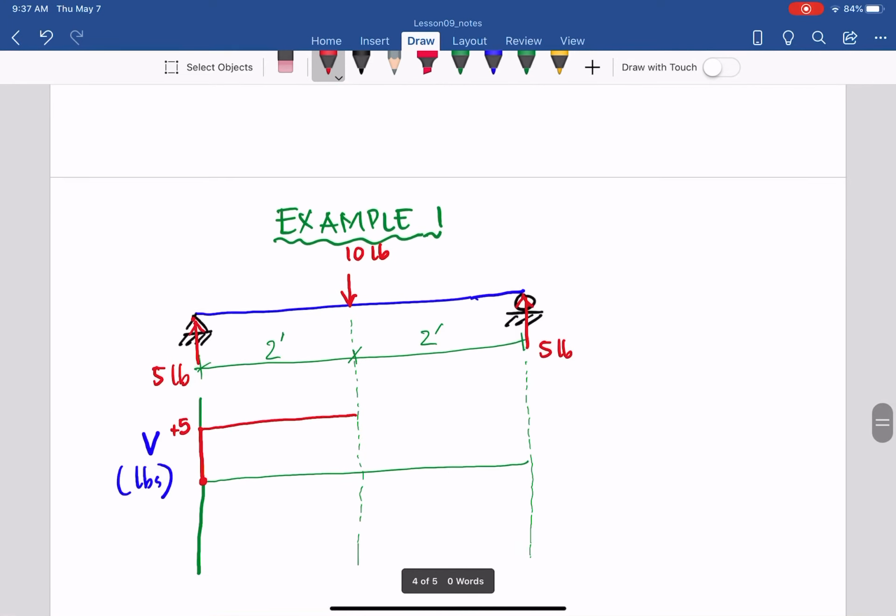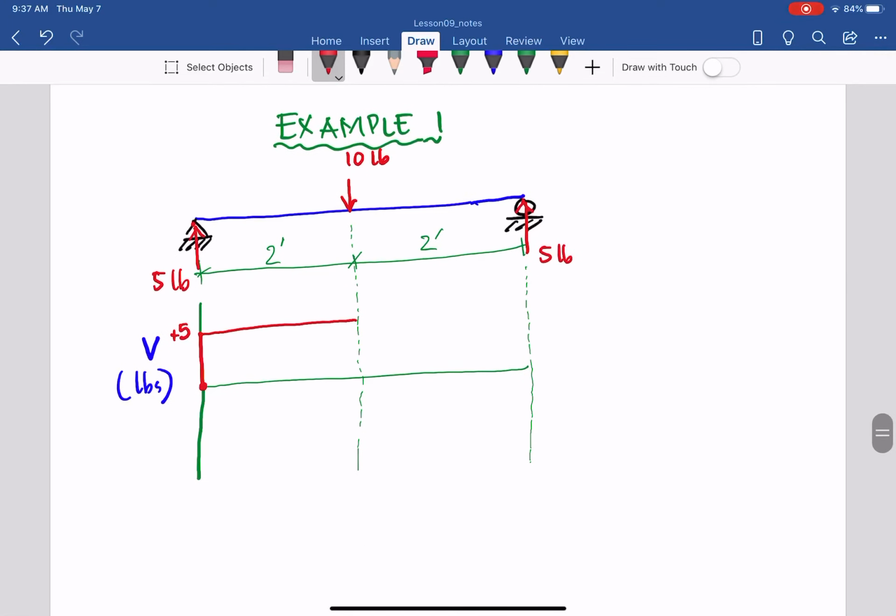So in this diagram, 10 pounds going down means the discontinuity moves down: from +5, go down 5 and another 5, a total of 10, to -5. From the middle to the right, nothing changes, so it maintains -5 pounds.